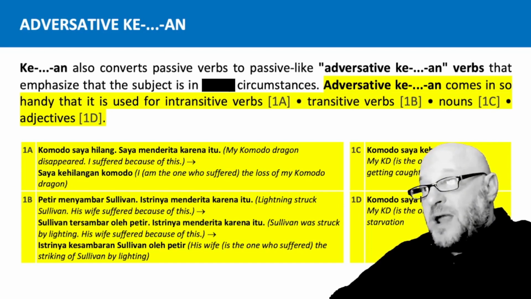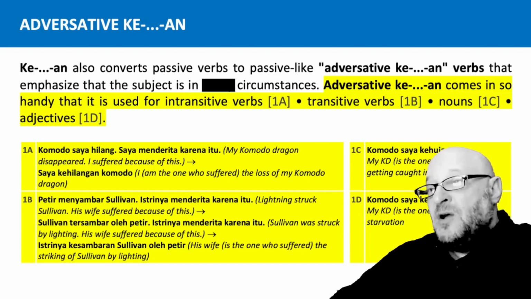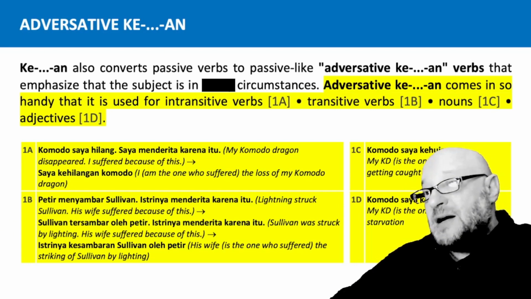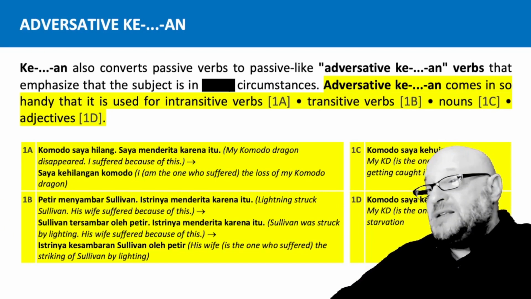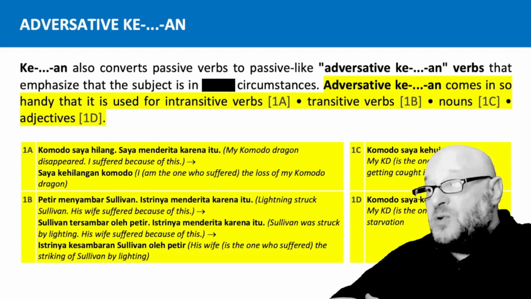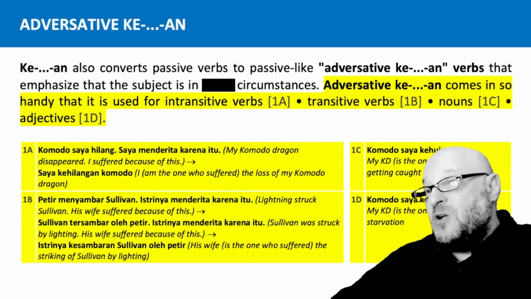In example 1a, you could say, Komodo saya hilang, saya menderita karena itu. My Komodo dragon disappeared. I suffered because of this. Or use adversative ke-an: Saya kehilangan Komodo. I am the one who suffered the loss of my Komodo dragon.